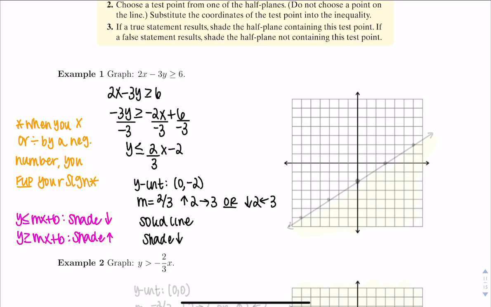So let's go ahead and go to 0, negative 2. And then our slope was 2/3, so we can go up 2 units and over 3, or we can go down 2 units and to the left 3.